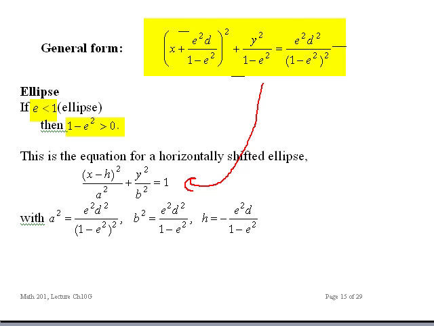Once I've done that, I can then identify a squared, b squared, and h in terms of those parameters that came forward from the polar form. That is, in terms of the eccentricity and the distance to the directrix.